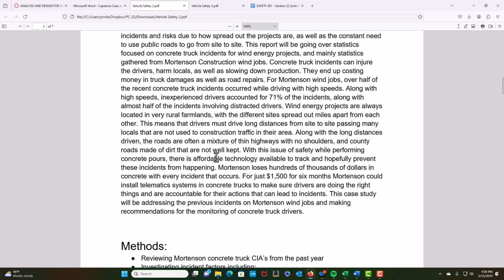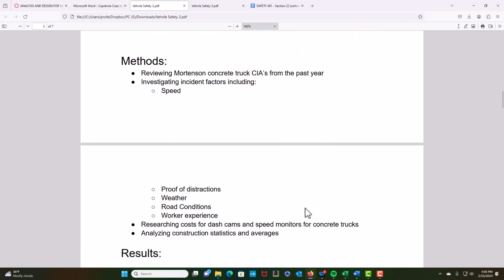Make sure shoulders, county roads are kept... This is all over the place. Loses hundreds of thousands of dollars in concrete with every incident that occurs. For 6 months, where it could install telematics. Well, telematics are good, but how they will fix a problem, you have to state the problem. It's almost like they're justifying a solution. Okay, I don't know what's going on here.